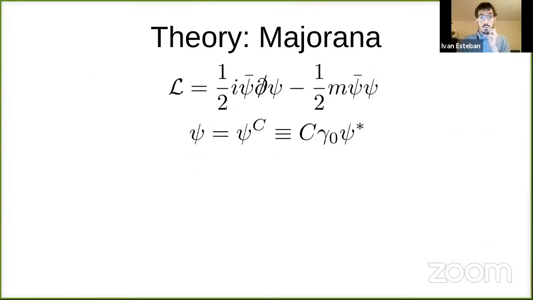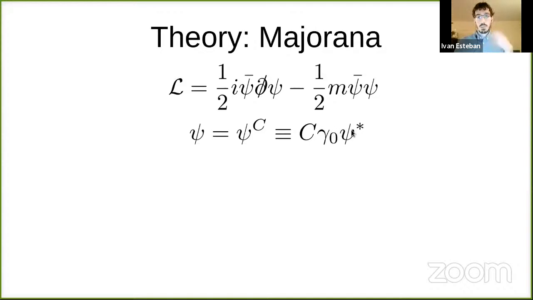So what we will do, what Majorana did originally, is we start with the standard Lagrangian for a fermion that we all learned in quantum field theory courses, and we will impose that the fermion field is its own charge conjugate. And for the fermion field, the charge conjugate is not just the complex conjugate, but we also have a matrix here that is the charge conjugation matrix times gamma 0 multiplying the field.